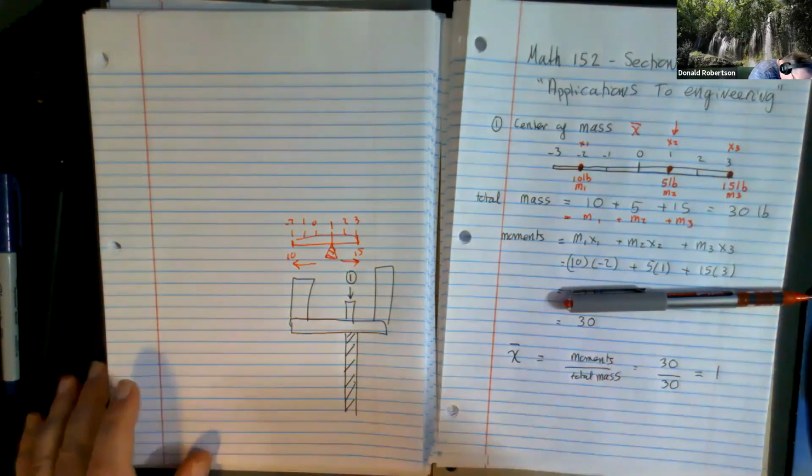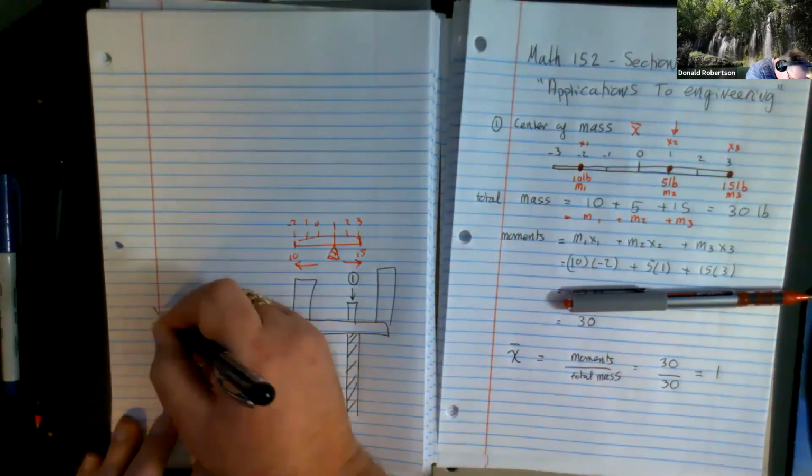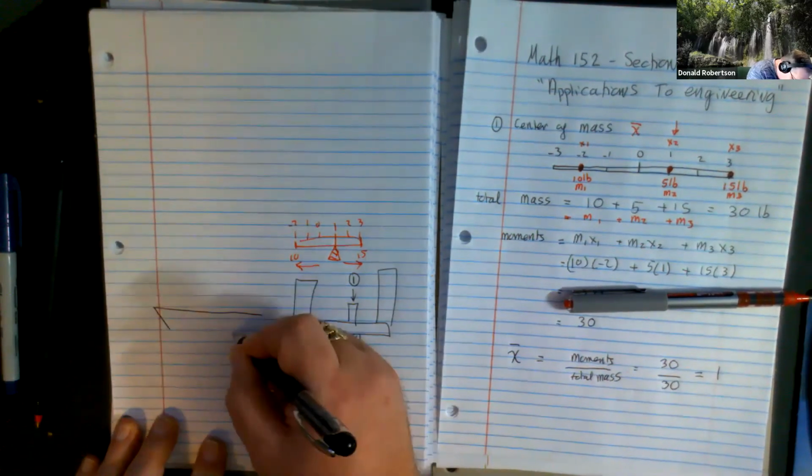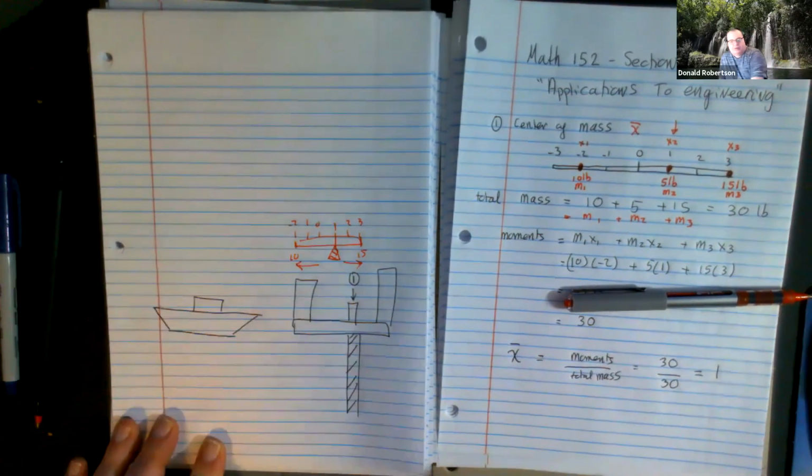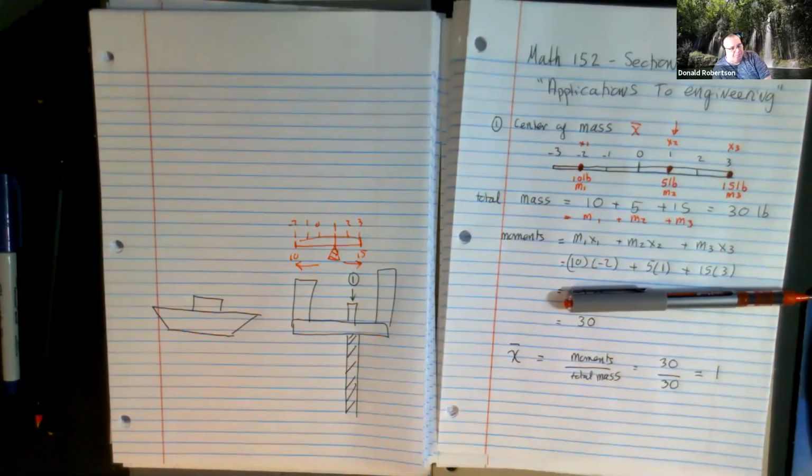Changing the subject slightly, a lot of you are Navy people. That's an aircraft carrier. Did you know that? I'm good at drawing. Where should the center of mass be for any ship, including an aircraft carrier, to have the most stable boat or ship or aircraft carrier?